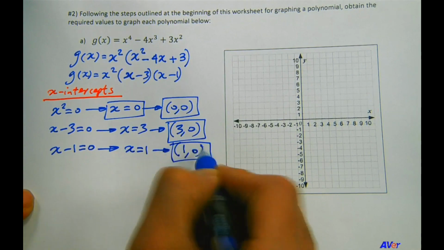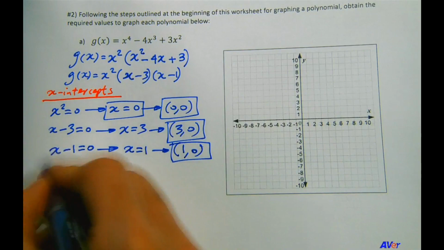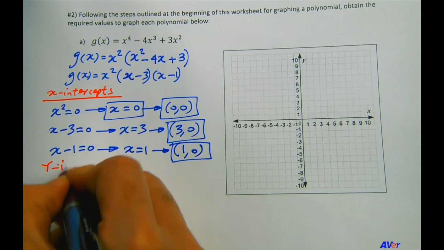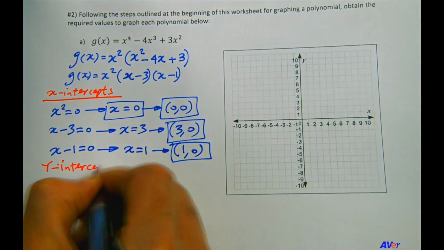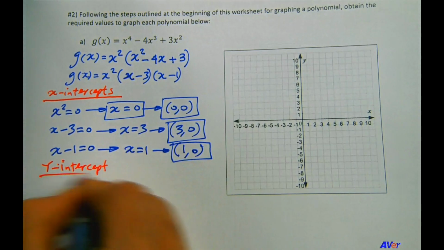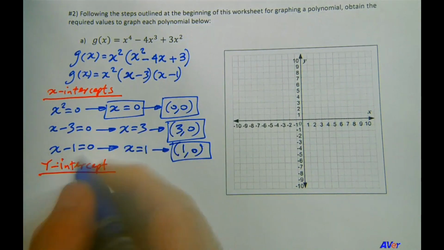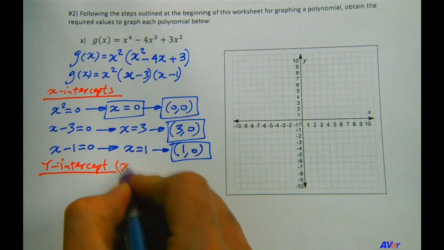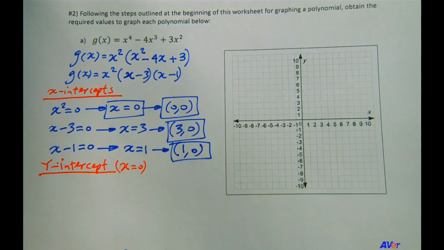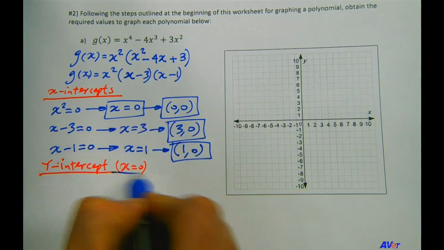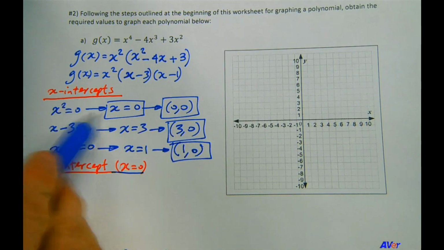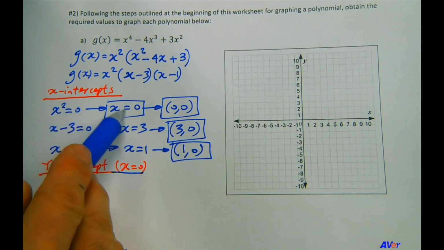Like that. So those are the x-intercepts. How about the y-intercept? The y-intercept happens when x values are 0. And I'm sure as you look at that, the y and x-intercepts are at the origin, right there.